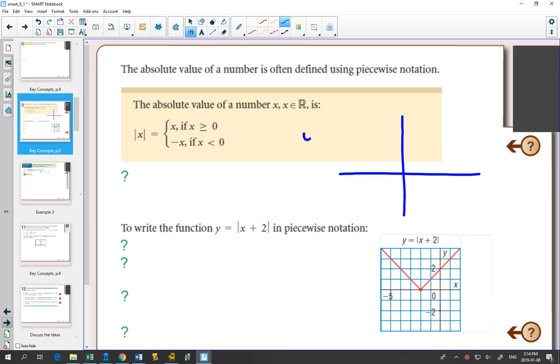So when you're graphing the absolute value of x, well, y equals x is this line that would continue, and when we flip the dotted part up and over, we would get this line.